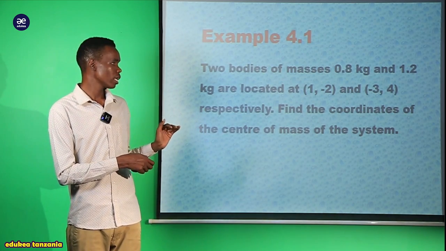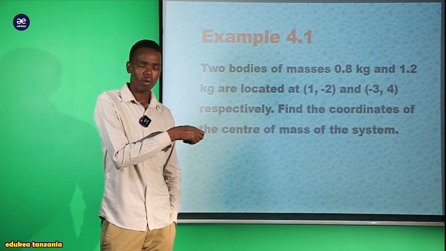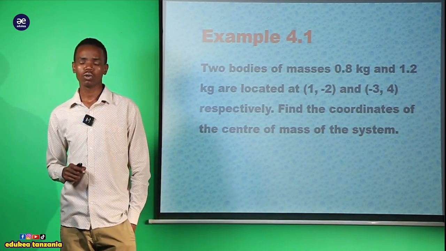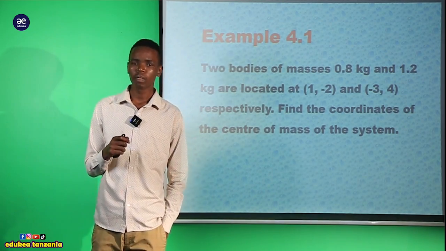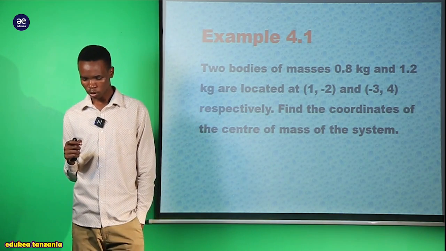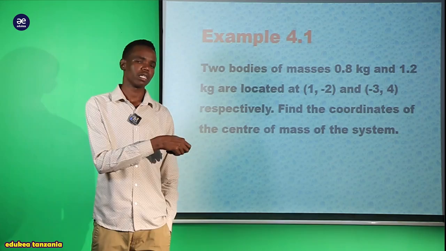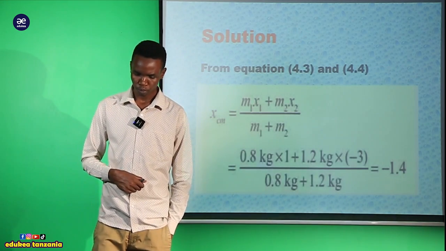On coordinate 1 here, we have x1, y1. This x1 equals 1, and y1 is equal to -2. While coordinate 2, having mass 2, has its coordinates x2 and y2, as we tried to observe.